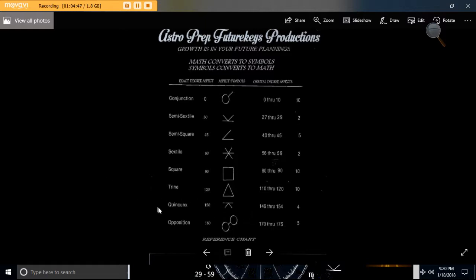Okay, now the other aspect is a 150 inconjunct or quincunx. Those two words you can use the same. And quincunxes go from 146 through 154 with a 4-degree orbital effect.